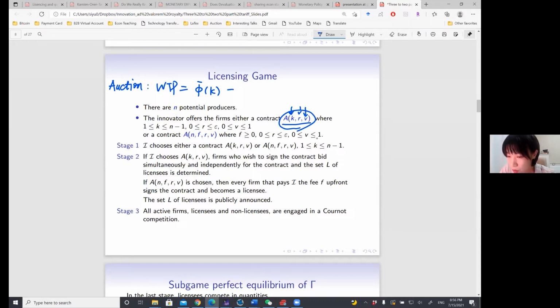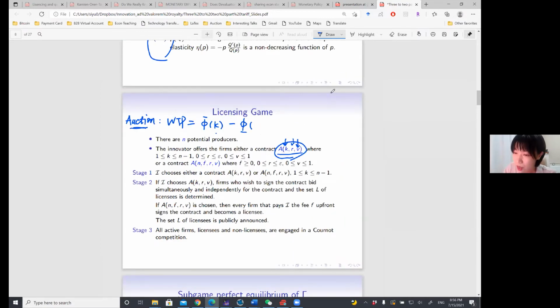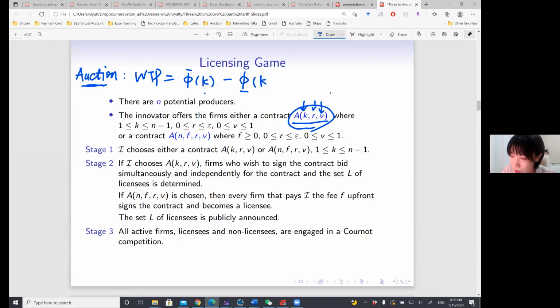Let's denote that profit by fee lower bar. But how many licensees are there in the market? Because it is an auction, if he doesn't want the license, the bidder below him will become a licensee. The next bidder will replace him as a licensee. So his deviation doesn't change the number of licensees in the market. The difference of these two terms is the willingness to pay for a license.